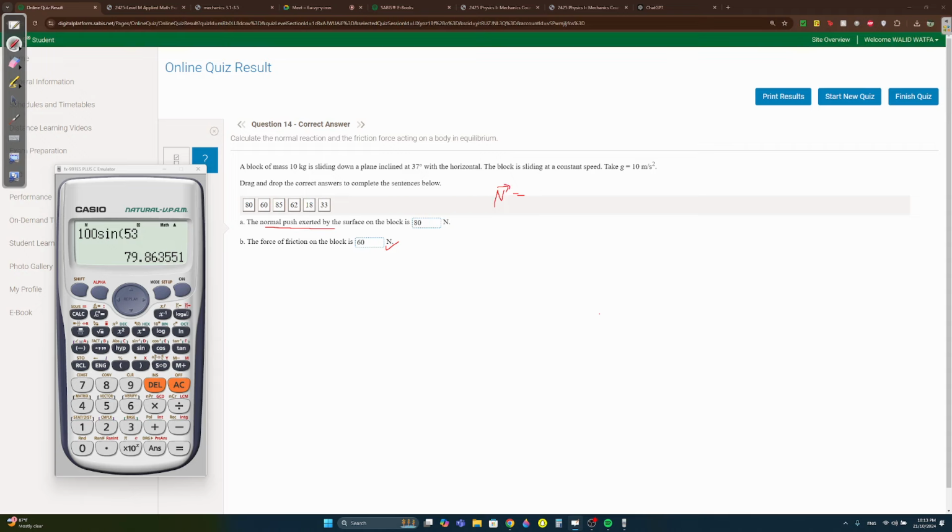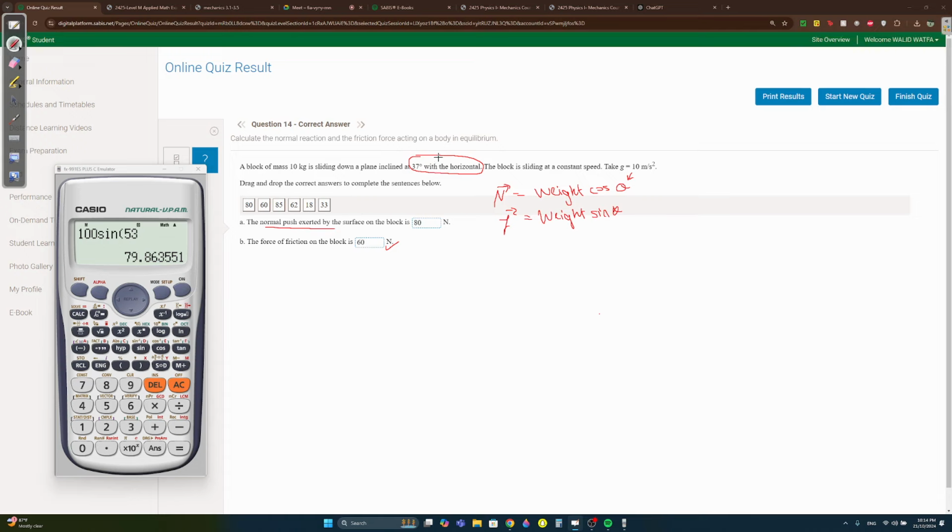Normal force is equal to the weight cosine theta, and the friction force is equal to the weight sine theta. Keep sine, keep cosine, where theta is the angle with the horizontal of the inclined plane.